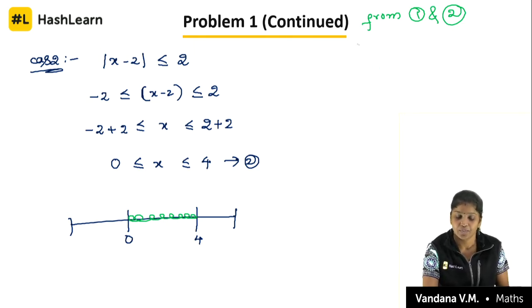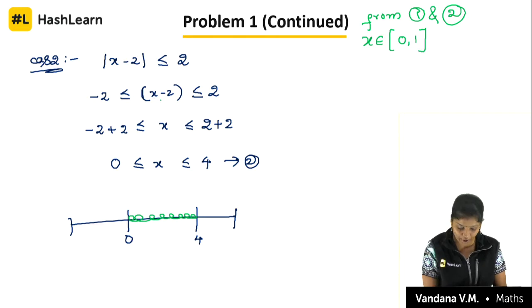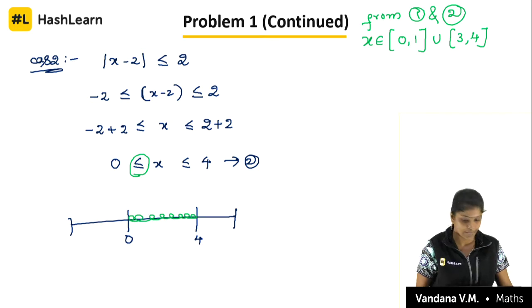Now, x belongs to where we have common points: 0 and 1 is the common point, since less than or equal to is there. Because of that, I wrote the closed interval, union 3 to 4. Please observe the graph.